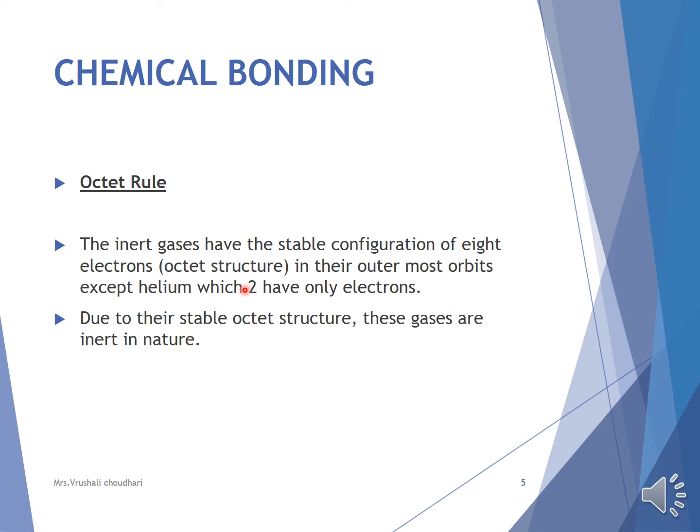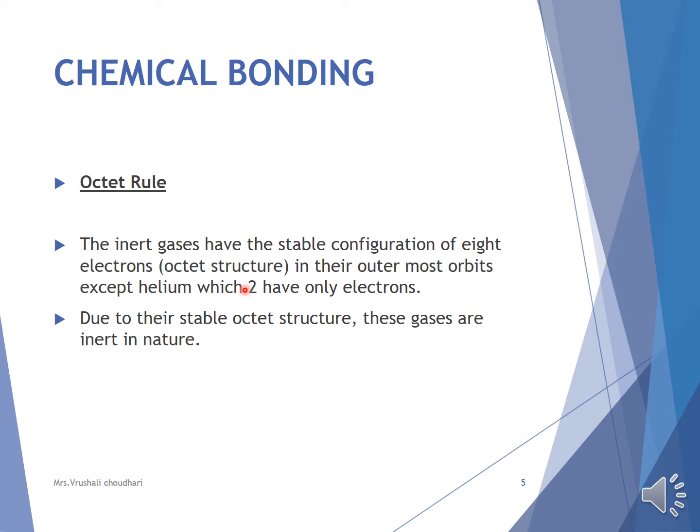The capacity of the outer orbit is 8 electrons, and all 8 electrons are present, so they are completely satisfied. So they do not react or interact with any other elements. They have a stable structure. These are inert in nature.